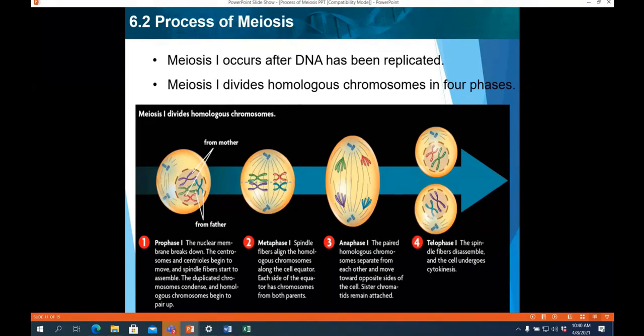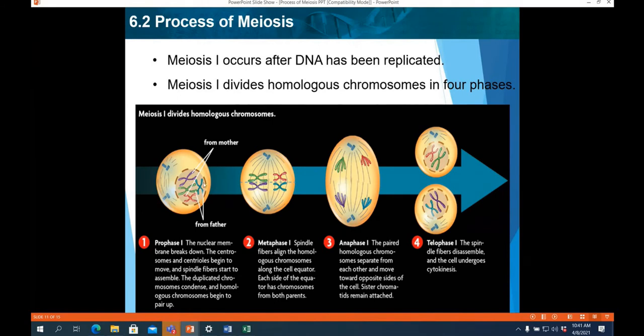So meiosis 1 occurs after the DNA has been replicated, and it divides the homologous chromosomes in 4 phases. As we discussed, in meiosis 1 the homologous chromosomes are divided further, whereas in meiosis 2 the sister chromatids are divided. So we'll talk about the division of the homologous chromosomes first. As you can see in this picture, you can see these homologous chromosomes, 2 pairs in the nucleus, right?